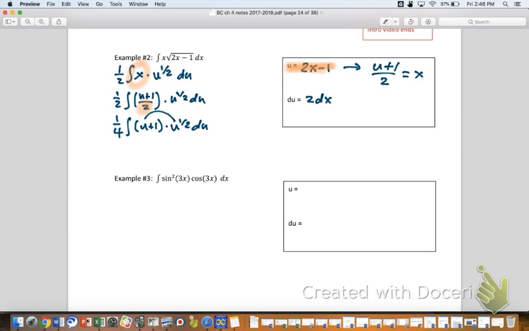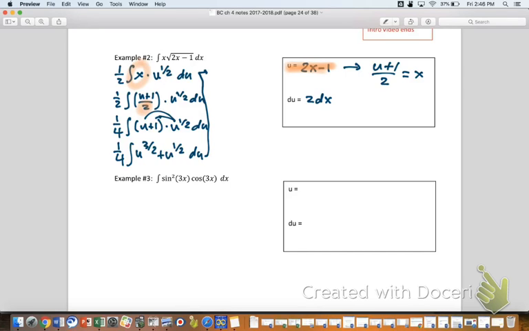Distributive property. So Jasmine has the perfect hand motion, perfect rainbows, distributive rainbows. So this gives us 1/4 integral of u to the 3/2 plus u to the 1/2 du. And now finally we have a nice sum in there and we're ready to find an antiderivative.